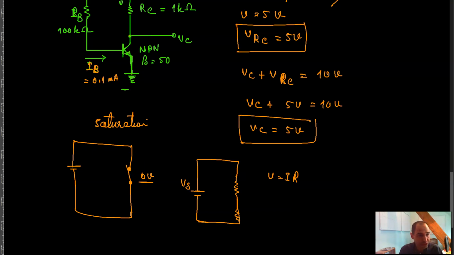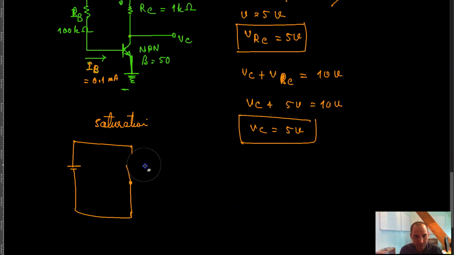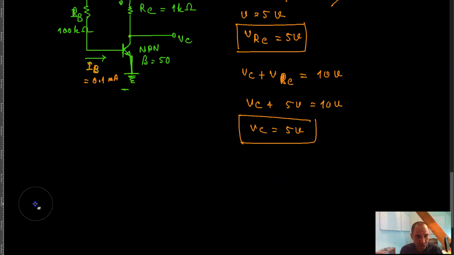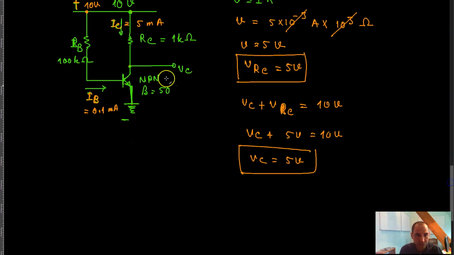Now you can imagine that basically the collector emitter junction of the transistor that you have here, you can imagine that this is the positive supply, and from the positive supply you simply go to ground, and your ground is the negative supply of the power supply, right?